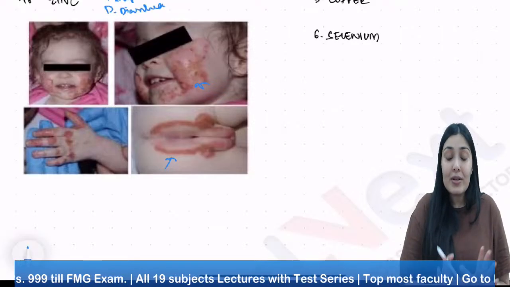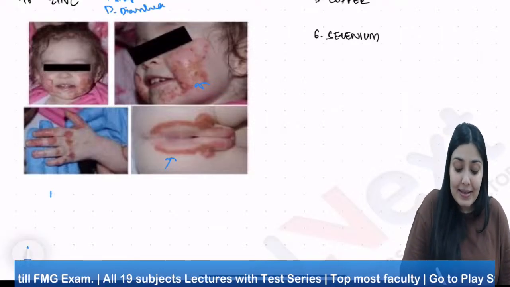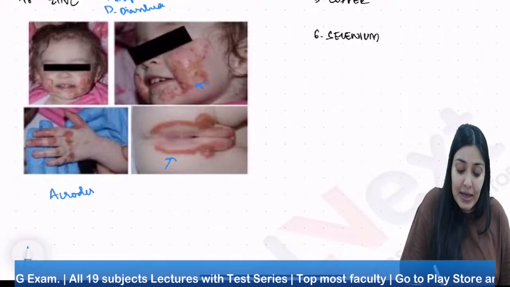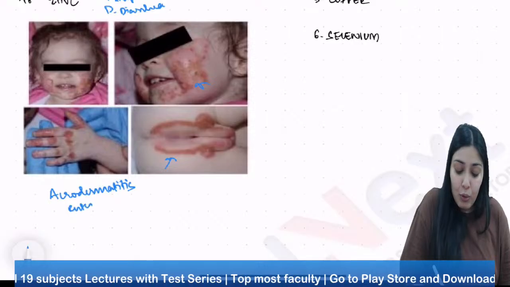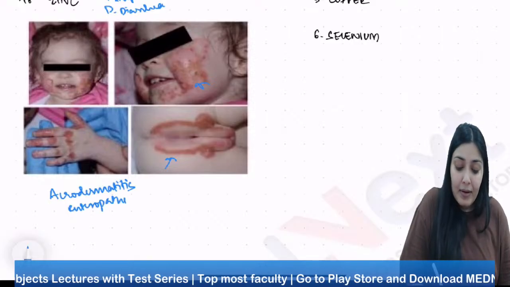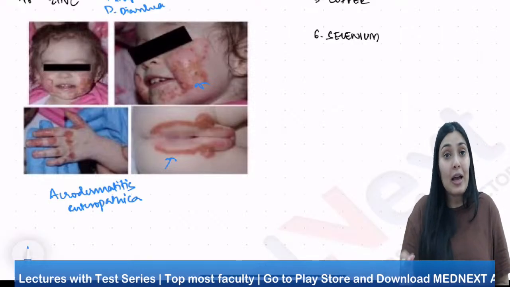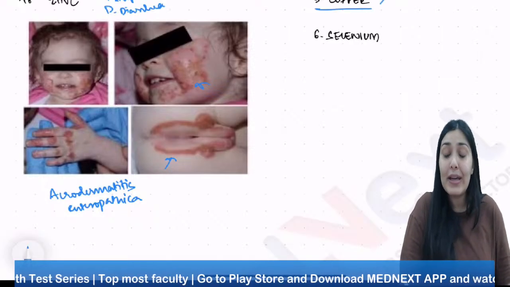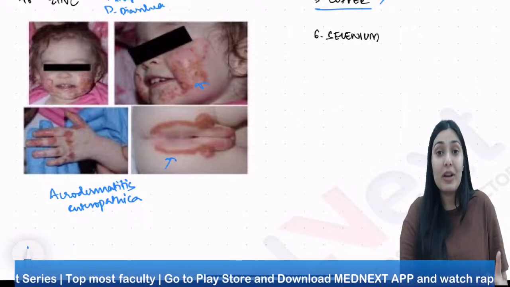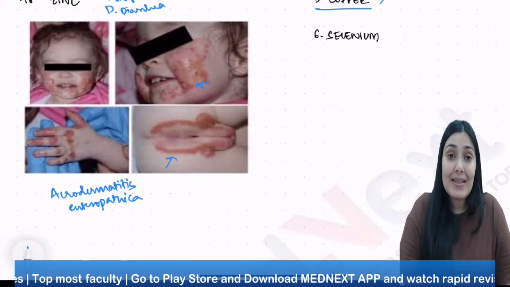And what is this constellation of symptoms called? This is acrodermatitis enteropathica, right? This is zinc deficiency. Apart from that, two important deficiencies: copper deficiency, kinky hair disease, the hereditary copper deficiency, right? What is that called?